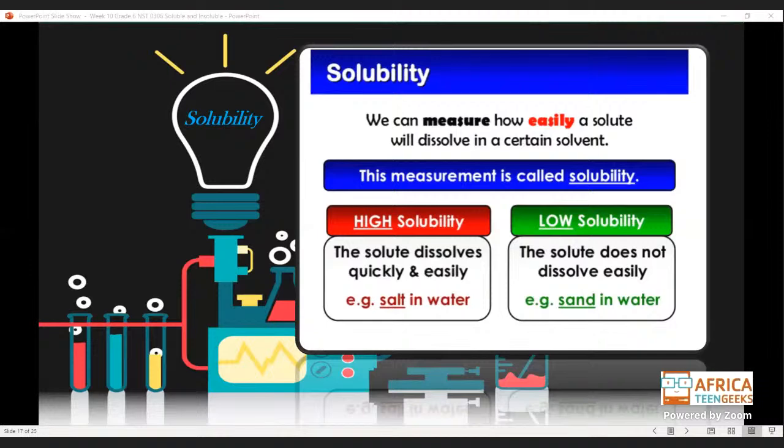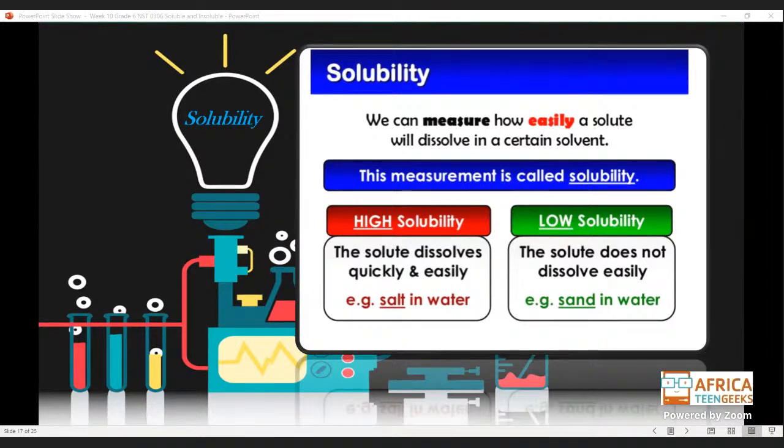Now, even if you abided by the rules of temperature, agitation, etc., the more solute you add, it's still going to take longer to dissolve because it will have low solubility. It'll be denser. So it won't dissolve easily, even if you use the same method that you used for a small amount of salt or something.